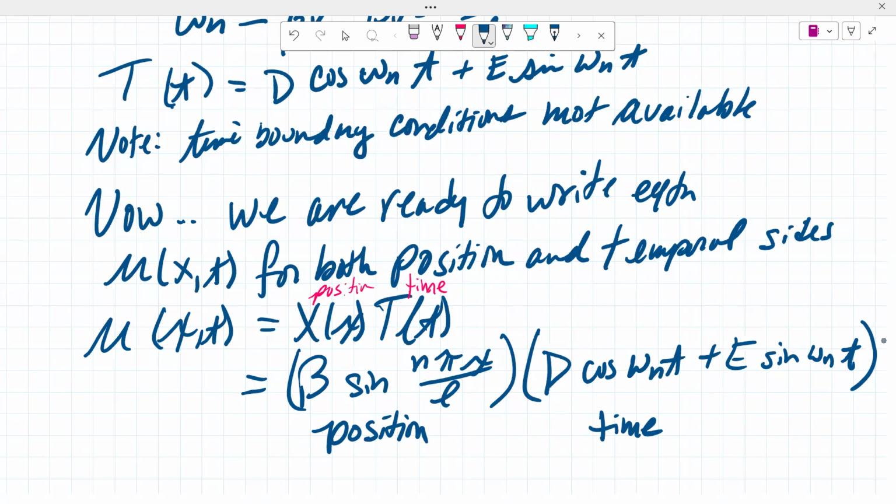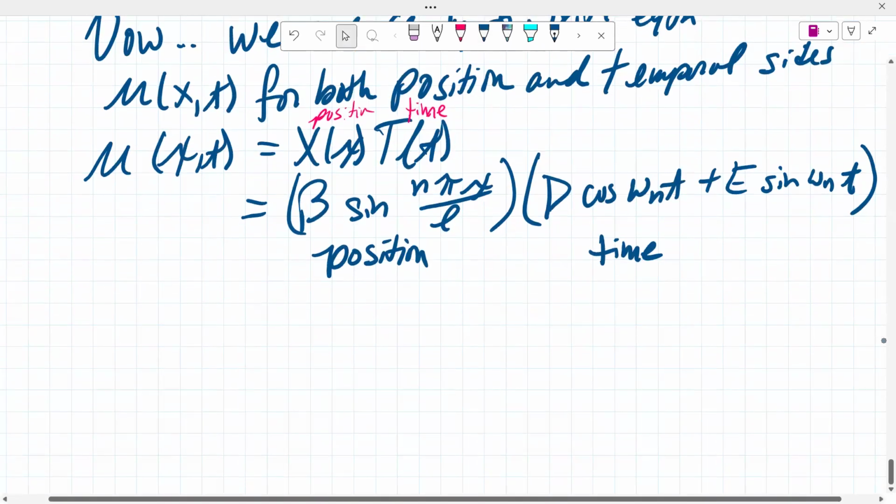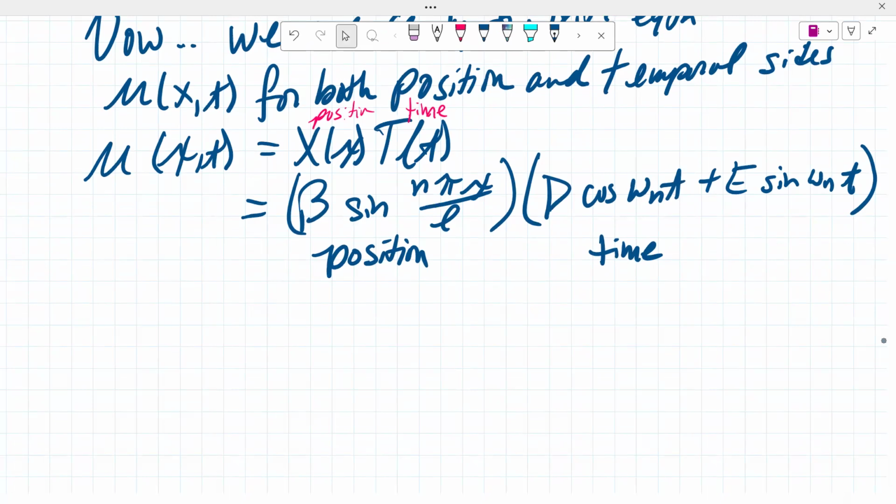With this in mind, we can distribute the constants and combine these up. So we have the constants b and d and also e, but who wants to have too many constants?